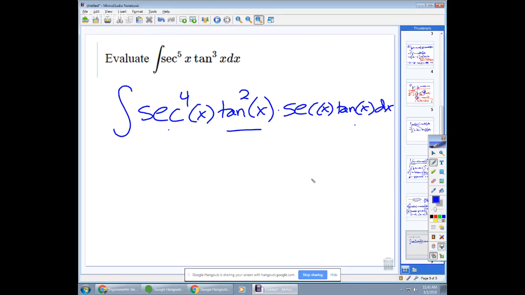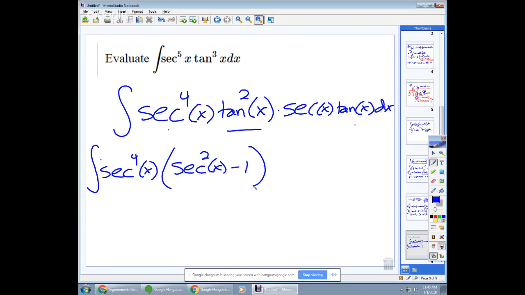Okay. So we're just going to replace that tangent squared with a secant squared minus 1, which is going to mean we're going to have some distribution. So the secant to the 4th is going to get multiplied by a secant squared minus 1. And I'm just going to leave that secant tangent hanging out on the end. I'm not going to touch it yet.